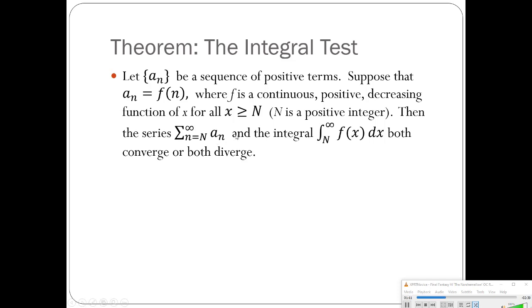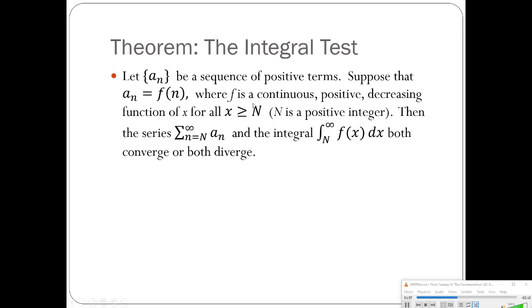So it allows you to test some series just by doing some integration. It does have a pretty restrictive set of conditions, continuous, positive, decreasing, but it's still a very useful test, if for no other reason than to establish a bunch of functions we can maybe do comparison tests with later when we get into comparison tests in the next section.